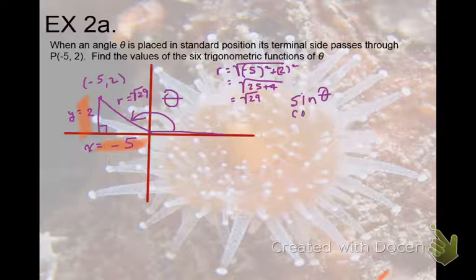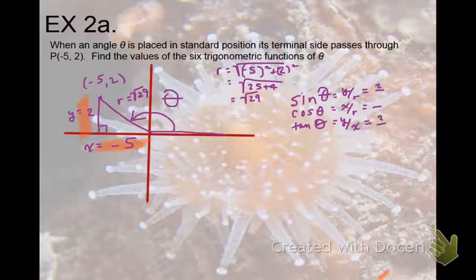So we'll write sine theta, cosine theta, and tangent theta, and we will try to go right to the letters. Sine is y over r, cosine is x over r, and tangent is y over x. And I remember that sine of theta is y over r because y and the long I sound in sine kind of go together. That's how I remember it. So now let's fill in what we know.